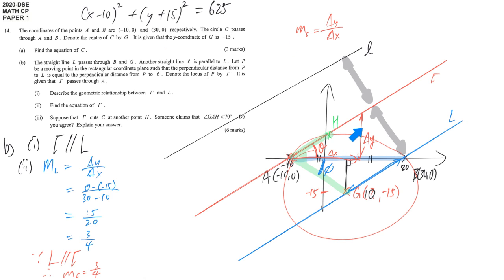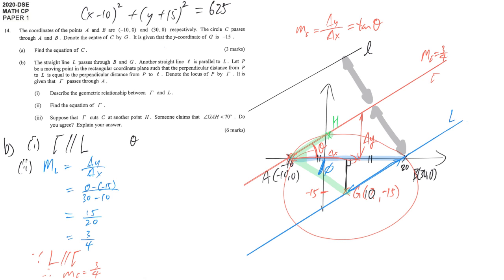At the same time, for this angle of inclination, this is opposite to adjacent. So you may say that the slope is equal to the tangent of the angle of inclination, which means the slope is just tangent of that theta. Don't forget that the slope of this L is equal to 3/4. So we can get the first angle theta easily.